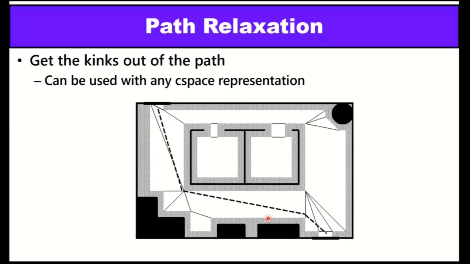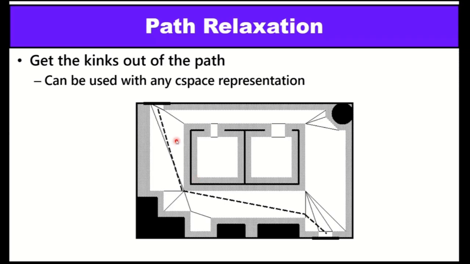Many times designers use the path relaxation technique. Here kinking is there, so whenever there is a corner, sometimes you can relax the path. Sometimes you escape from the Cspace representation, enter another polygon or other state, and relax the path so that the safety of the robot is ensured.